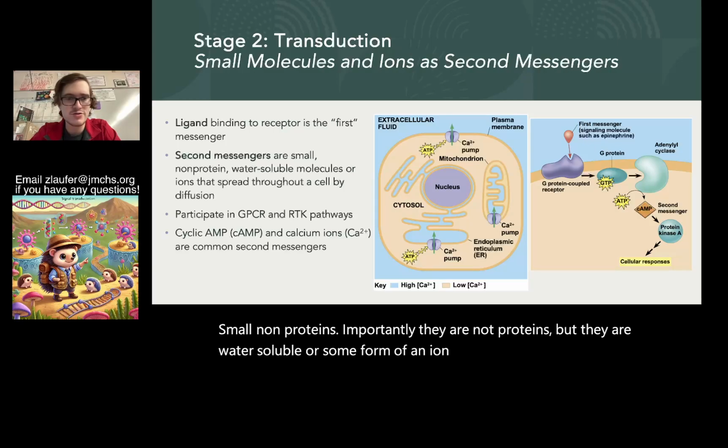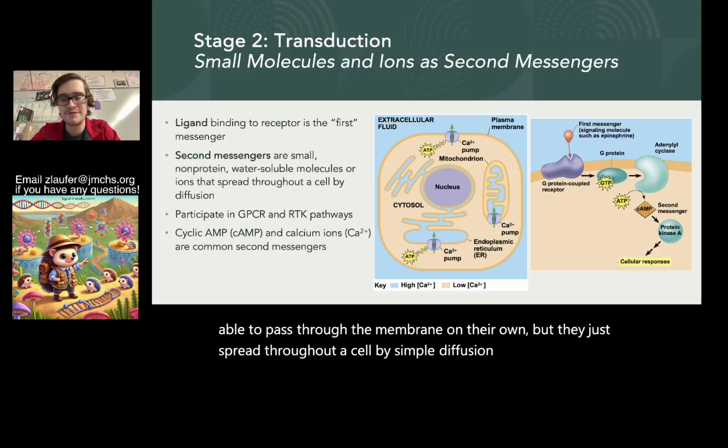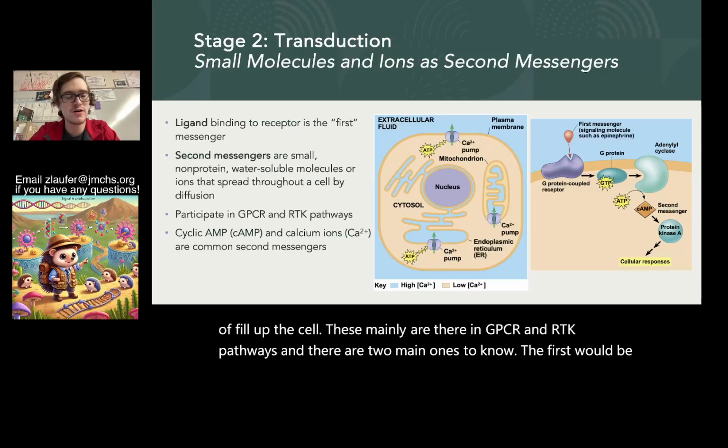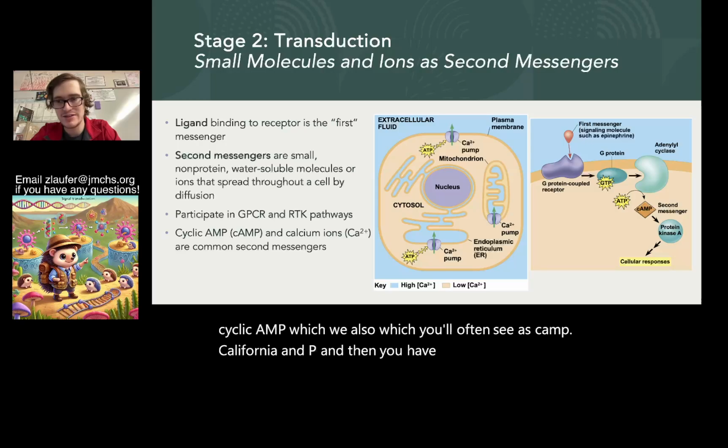So they're not going to be able to pass through the membrane on their own, but they just spread throughout a cell by simple diffusion. And they'll just kind of fill up the cell. These mainly are there in GPCR and RTK pathways. And there are two main ones to know. The first would be cyclic AMP, which you'll often see as cAMP. And then you have calcium ions as well. And these are second messengers.